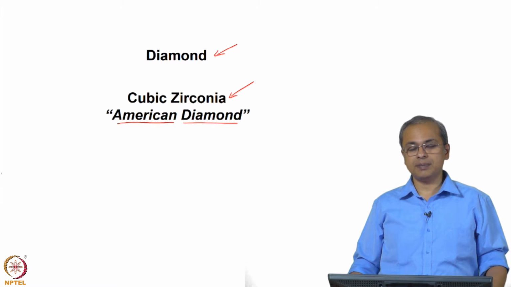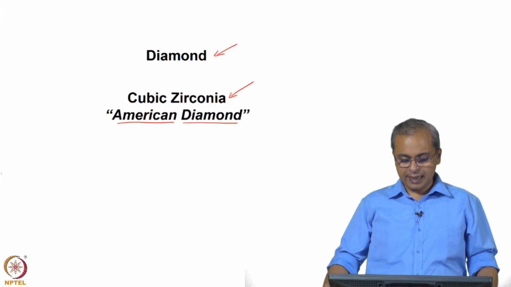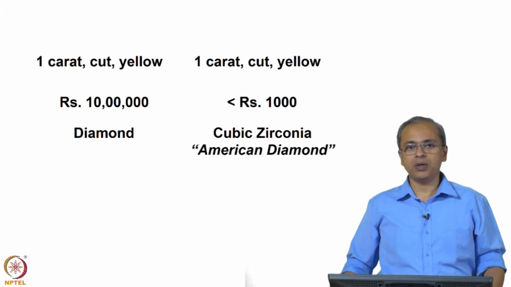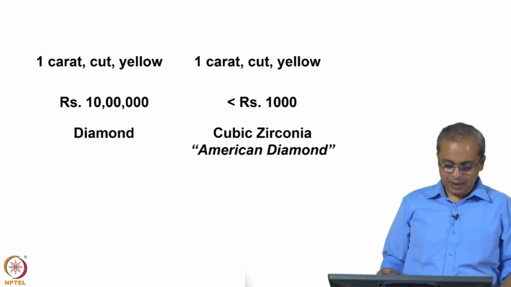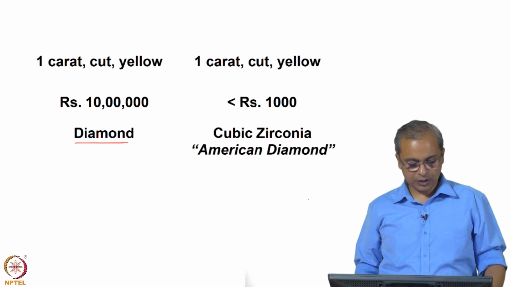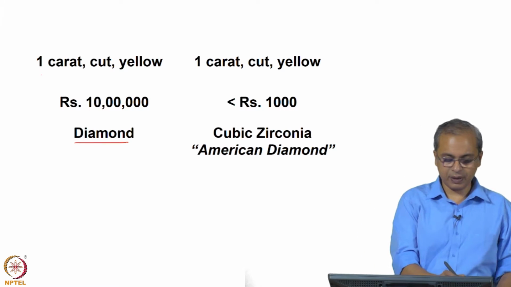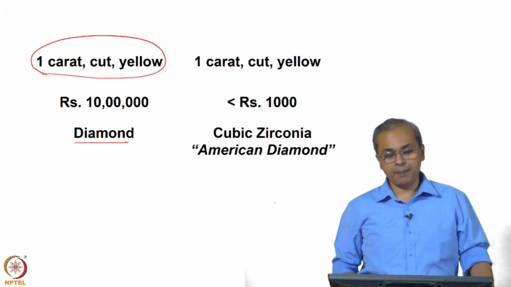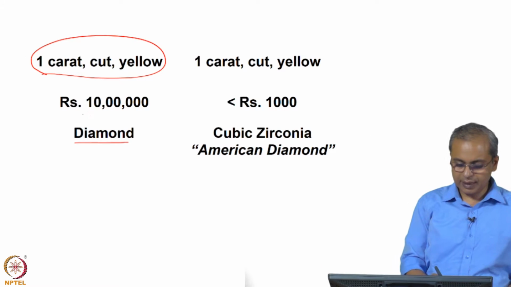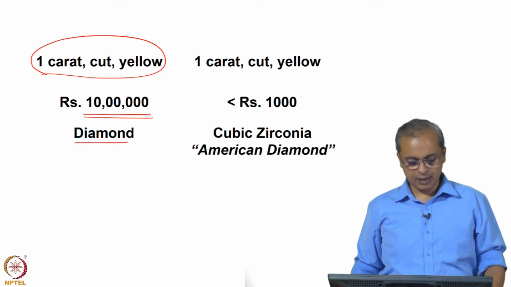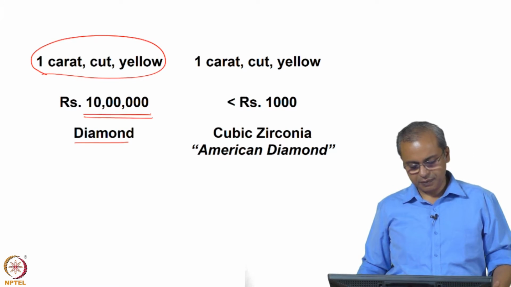But this is something that is used in jewelry, and just to give you some idea of what we are dealing with here, if you took the pure diamond, the real diamond, and you get this kind of a specification of the diamond, then apparently as per current market rates we are looking at about 1,000,000 rupees.